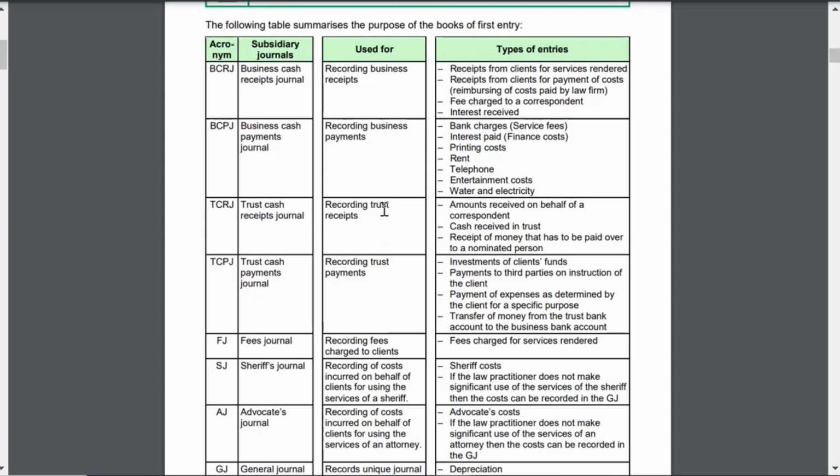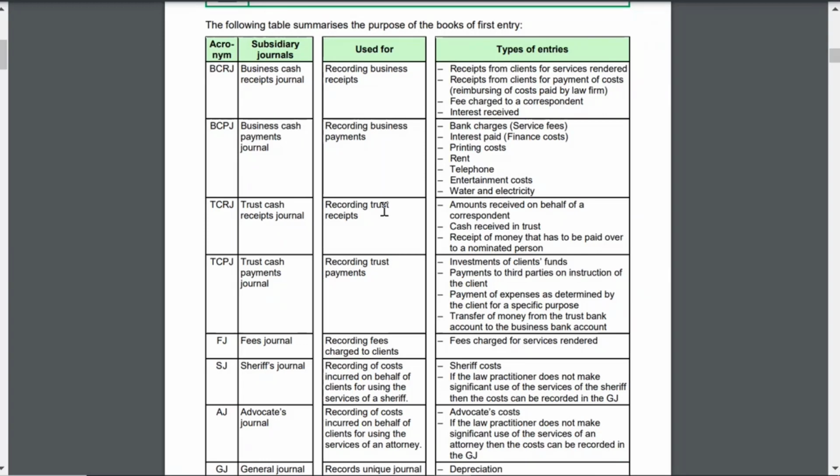And then in Learning Unit, I think it's 6 or 7, we'll be going into detail regarding a transfer journal. What is a transfer procedure? When I've performed the work as the attorney, then the transfer journal will come in.